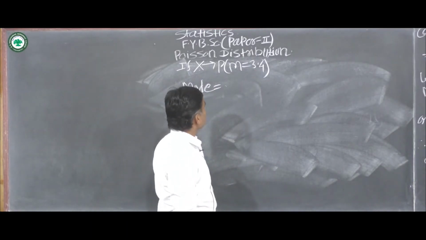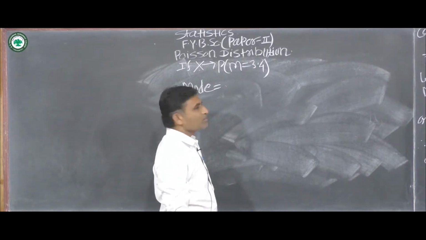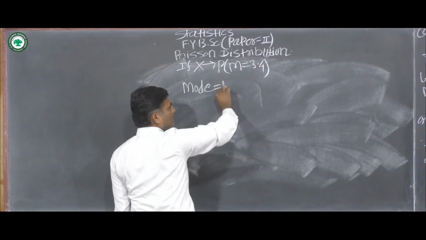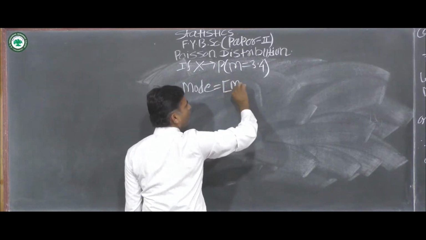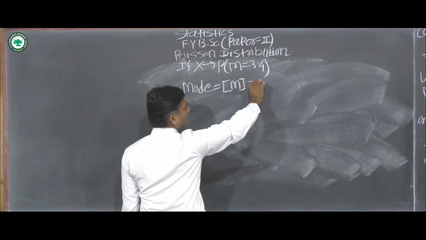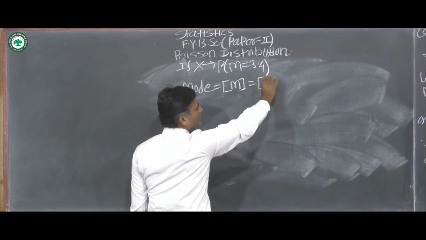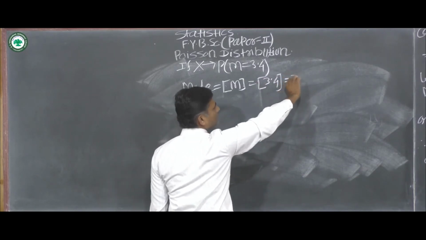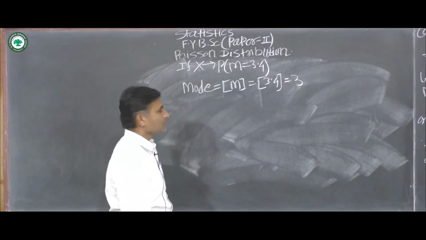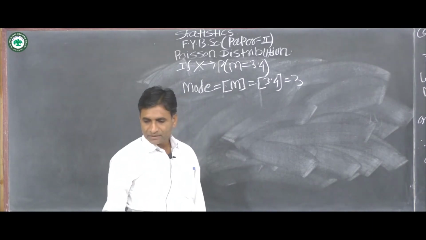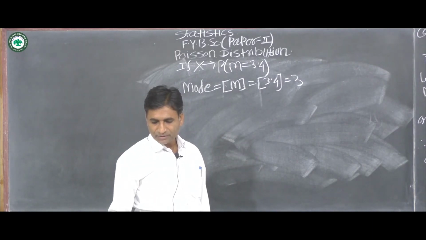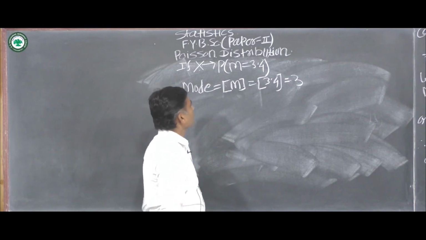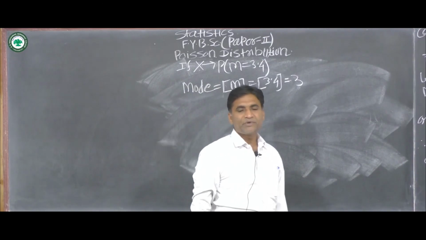In this case the mode is the integer part of m only, that is, the mode is [m], where m is equal to 3.4 and its integer part is 3 only. 3 is the mode of the given probability distribution. In this way we can obtain the mode of the Poisson distribution.